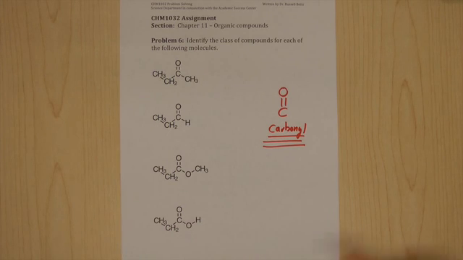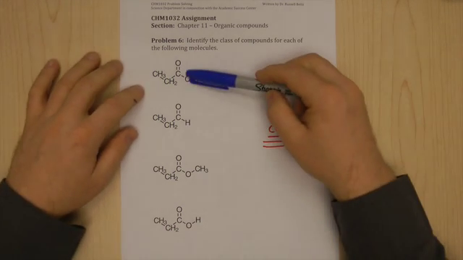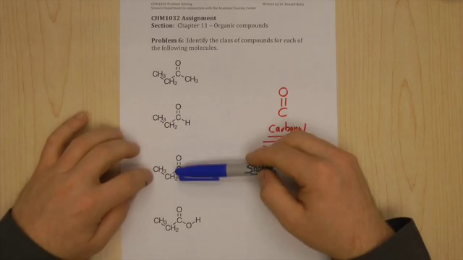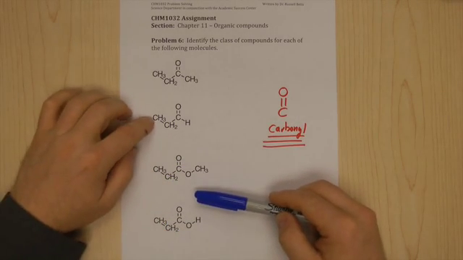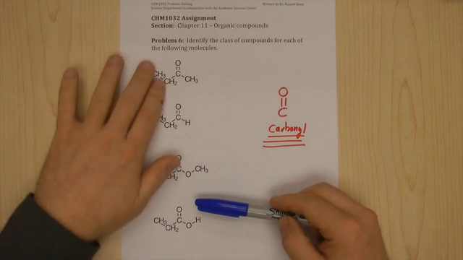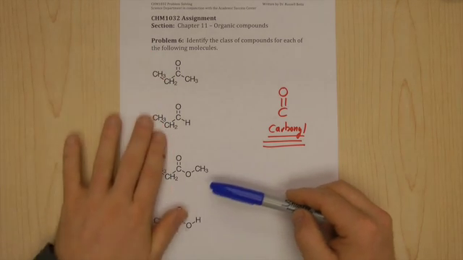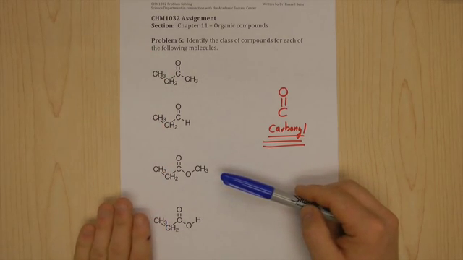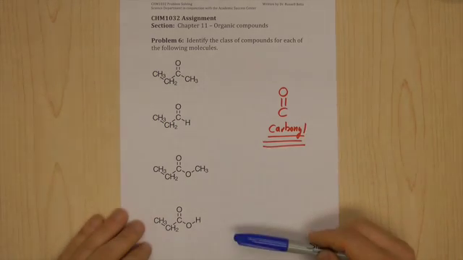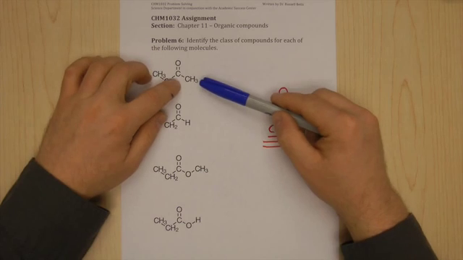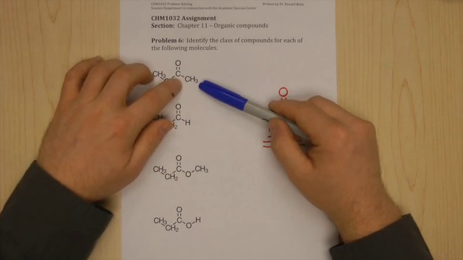Now, let's take a look. Notice on the left-hand side of all these drawings, we have a CH3CH2, CH3CH2, CH3CH2. The left-hand side of these drawings are all the same. I did that on purpose because I wanted to show you the differences between all four. The difference is on the right-hand side of these examples.